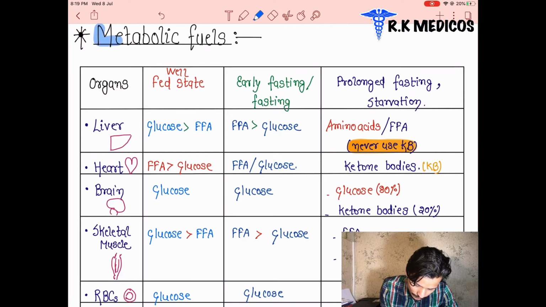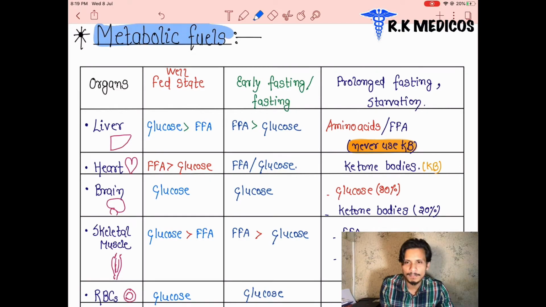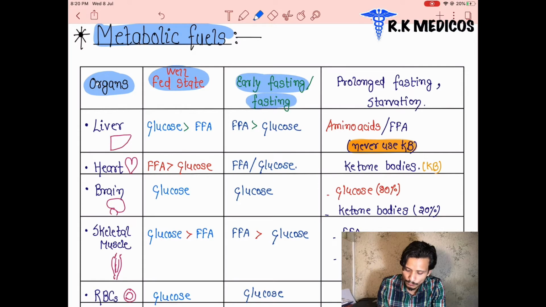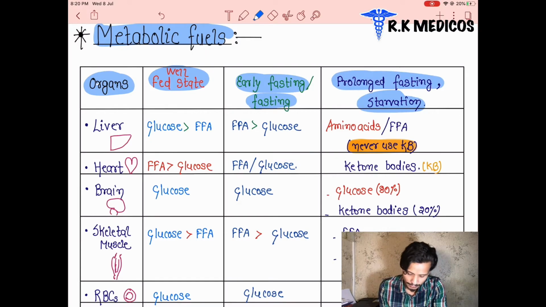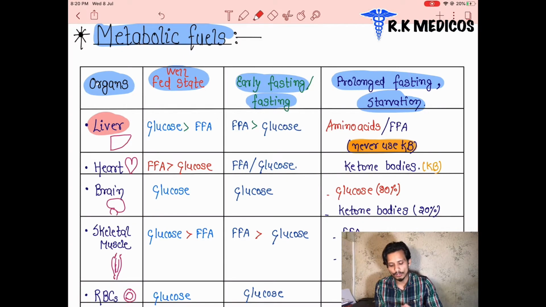First, what happens in the well-fed state, in early fasting or the fasting state, and in starvation or prolonged fasting, say a person fasting for more than 2 to 5 days. The first organ is the liver. What happens in the liver? In the well-fed state, when the person is full of energy, glucose is the better source for the liver.